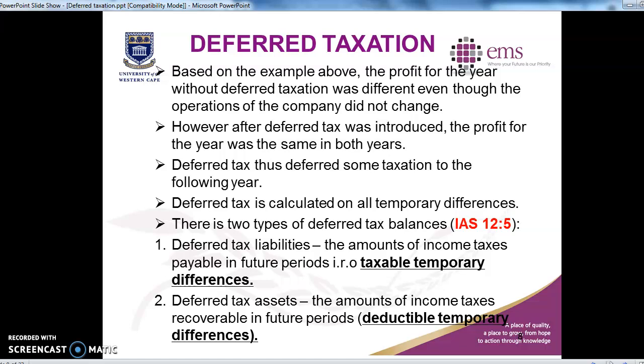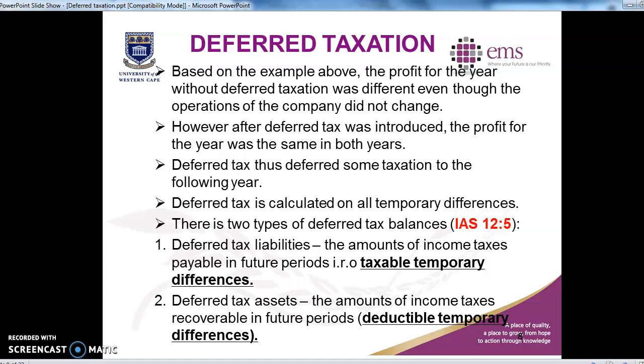Tax legislation. And a deferred tax only applies to temporary differences. So remember, we've covered temporary differences in chapter 5 last semester. Temporary differences means that there's some sort of timing issue, and the differences will eventually reverse. So there are differences, but the differences will eventually reverse.